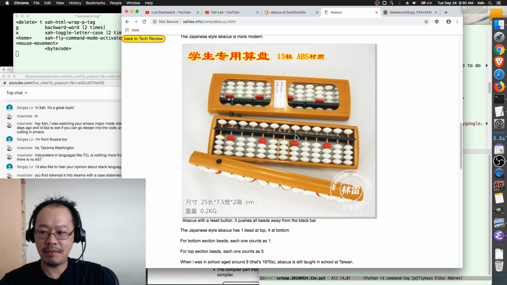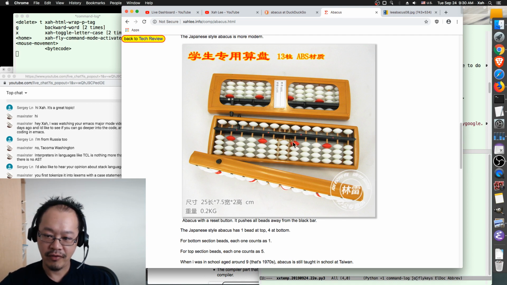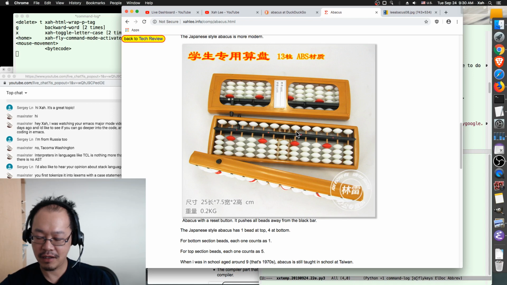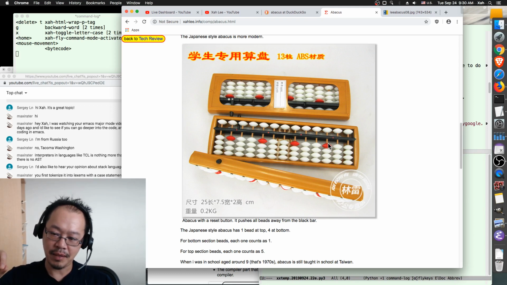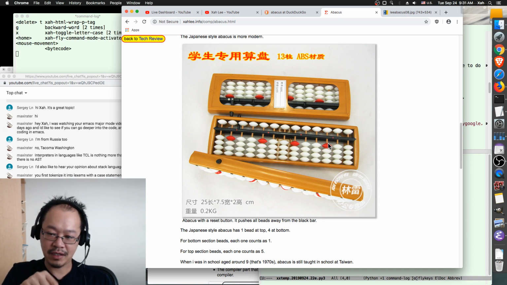So what is assembly language? Assembly language is basically instructions to control the machine. For example, with this abacus, the instructions are: move to column 1, push the beads up or down; or move to the column left of the current column, push beads up or down.